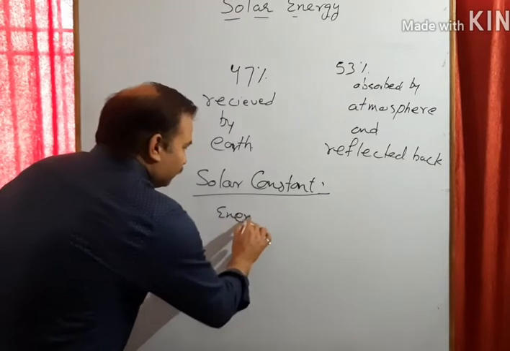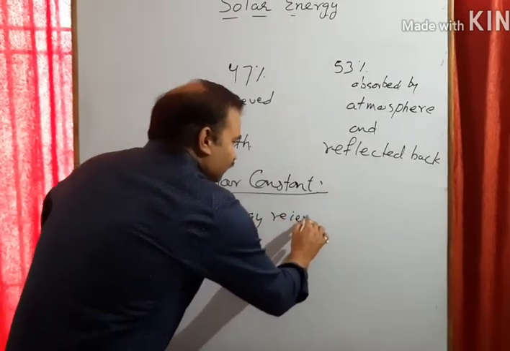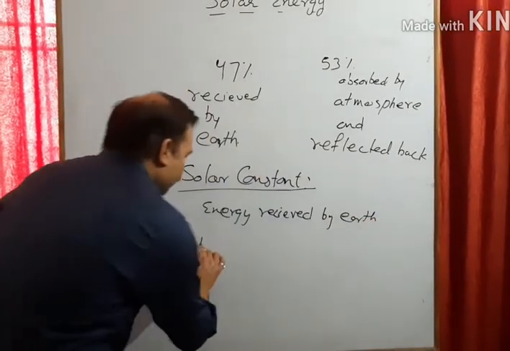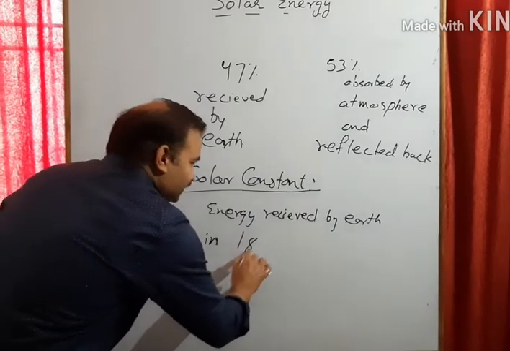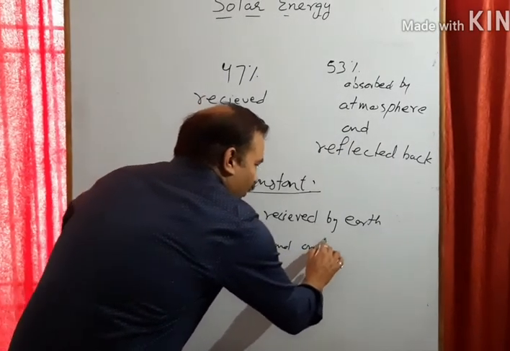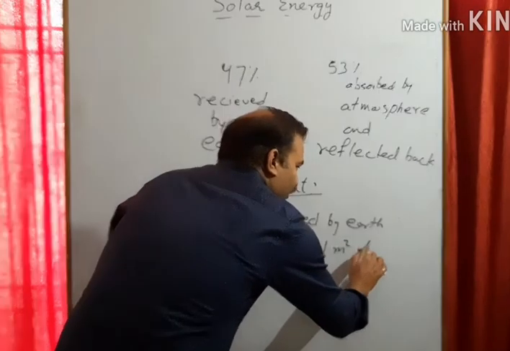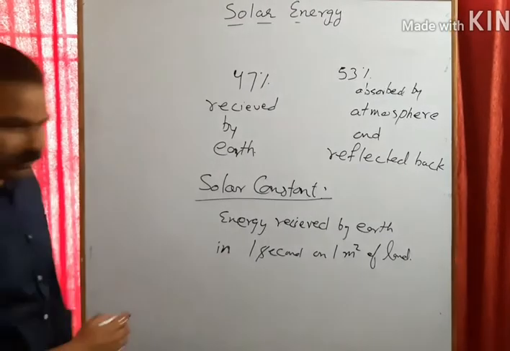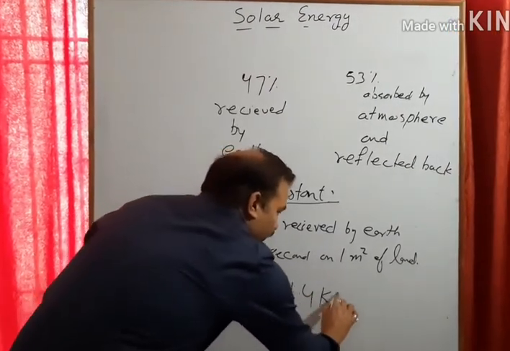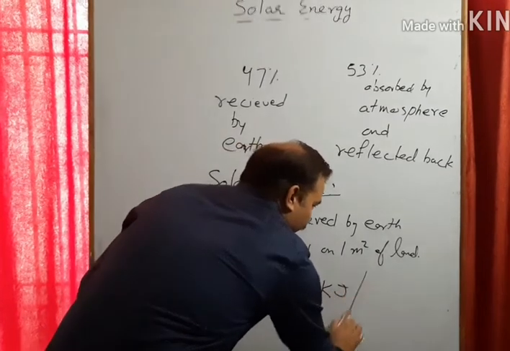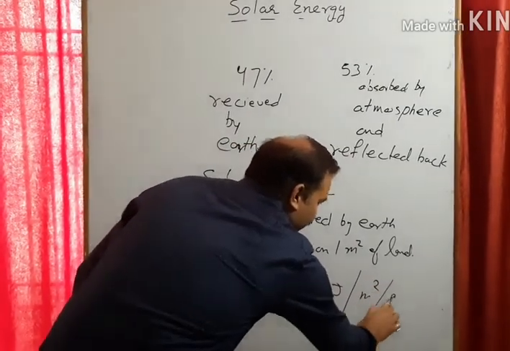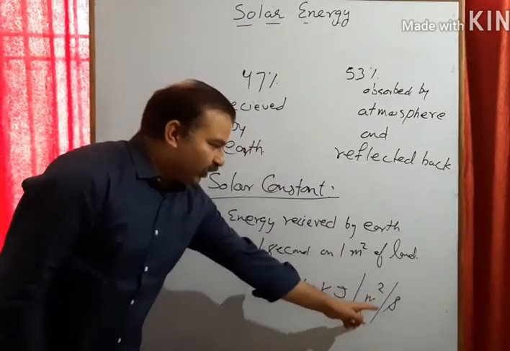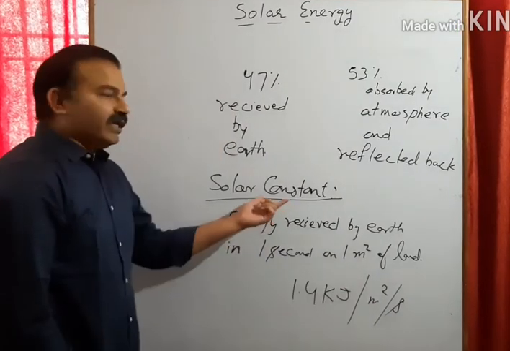That is approximately 1.4 kilojoule per meter square per second. That is, 1.4 kilojoule of energy is received in 1 second on an area of 1 meter square. That is known as the solar constant.